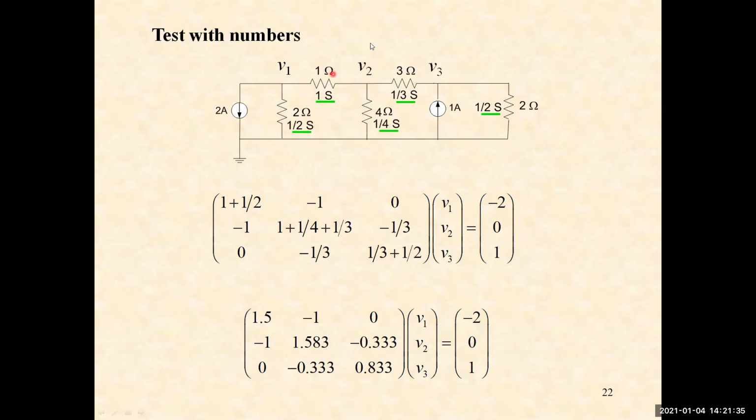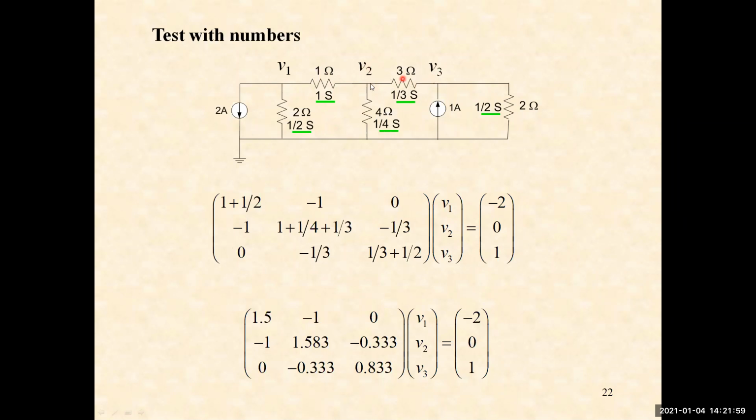And similarly, at node 2, 2 1, only one Siemens, mutual is -1. And 2 2, 1 plus 1/4 plus 1/3. And 2 3, -1/3. And 3 1, there is no element between these two, 0.